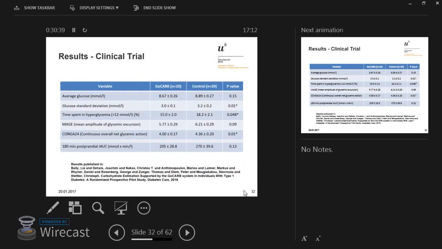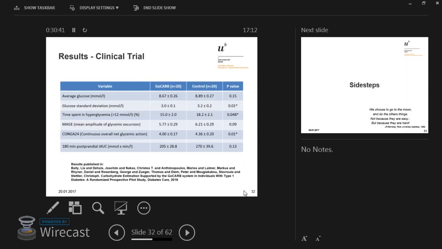The result after the statistical analysis by the hospital was that using GoCalm, even on this small period, they had lower blood glucose, less deviation, less variation in their blood glucose, fewer hypoglycemias, and those two other measures are a little more complicated to explain, but essentially they signify that the variation is lower.